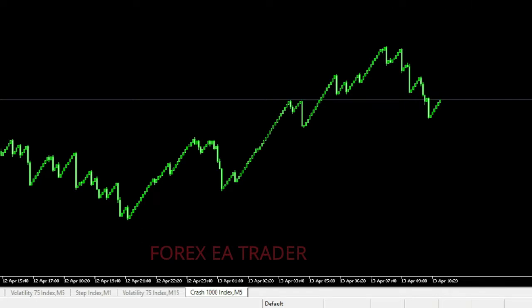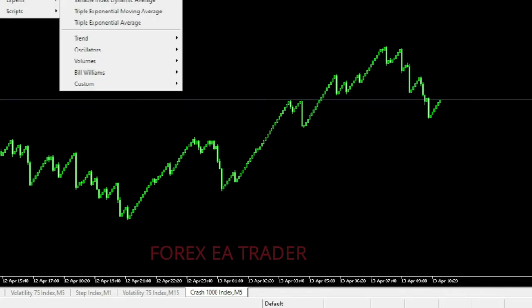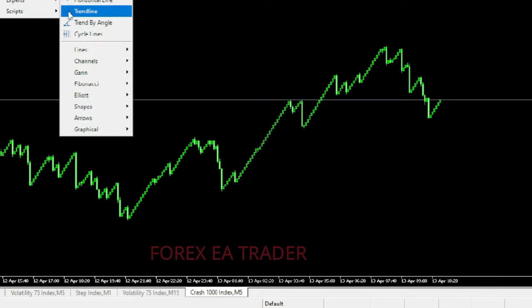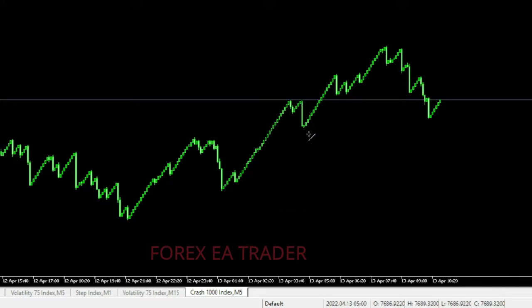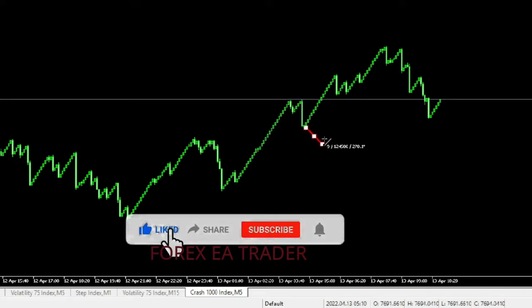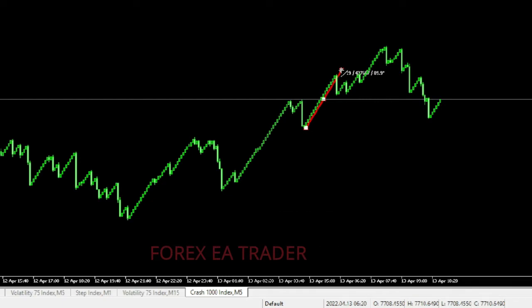Okay, maybe something like that. So I'm saying, if you have a robot that's selling crash and you are trading lower time frames, the problem is when this spike happens, it's actually going to open a sell there, and lo and behold, prices go this way. So it's a bad idea.